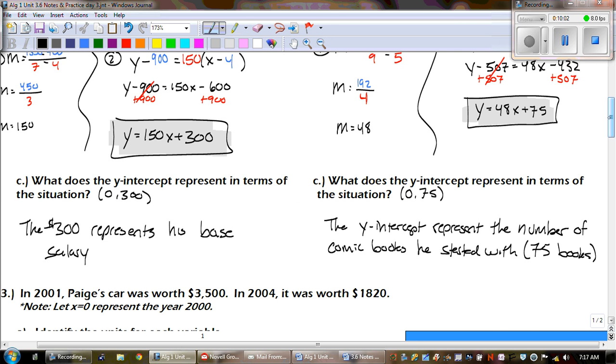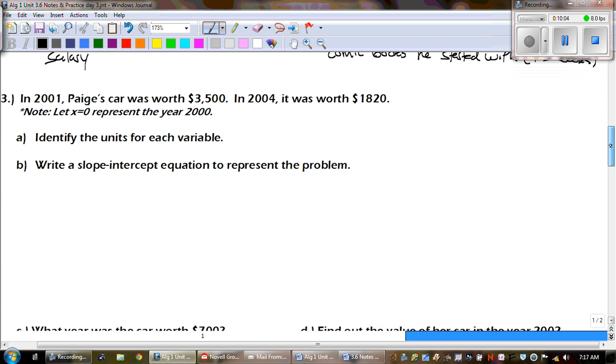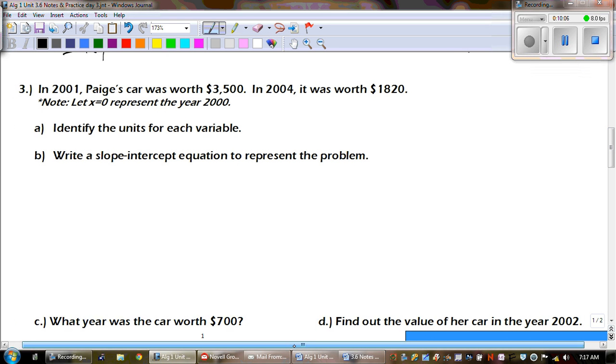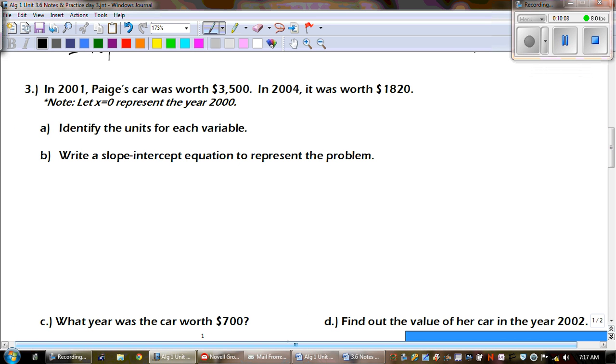Alrighty. Let's move on to problem number 3. It says in 2001, Paige's car was worth $3,500. In 2004, it was worth $1,820, sorry. Let x represent the year 2000. So this is the same thing as in our last one, where 2000 equals 0. 2001 would be 1. Okay?